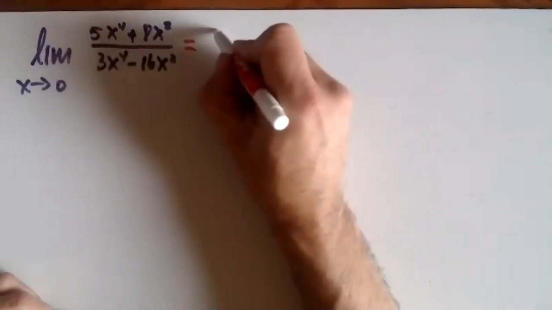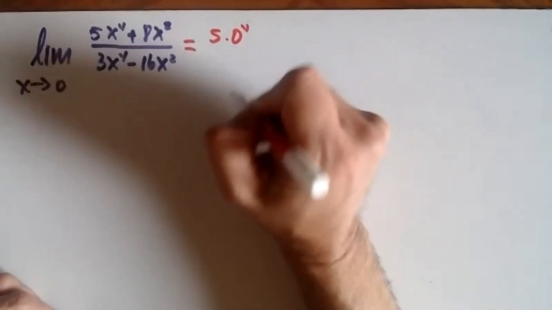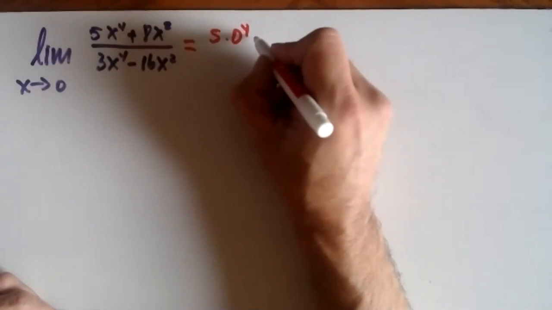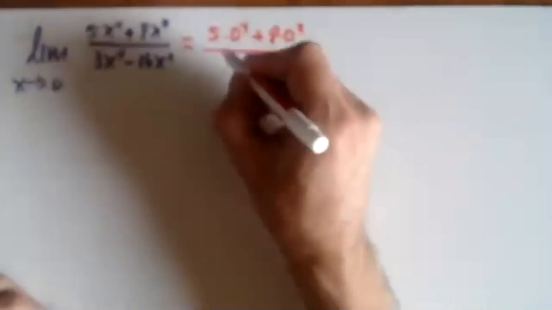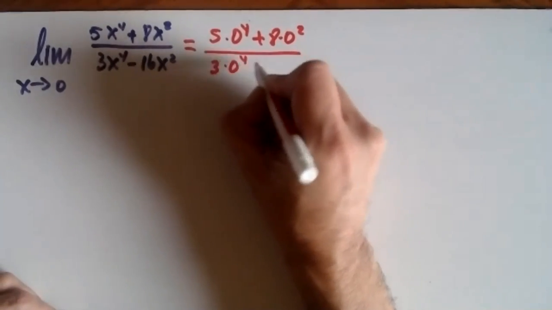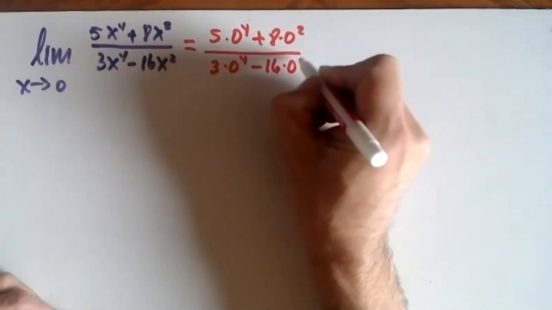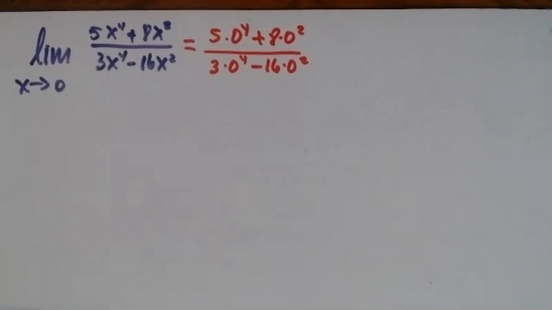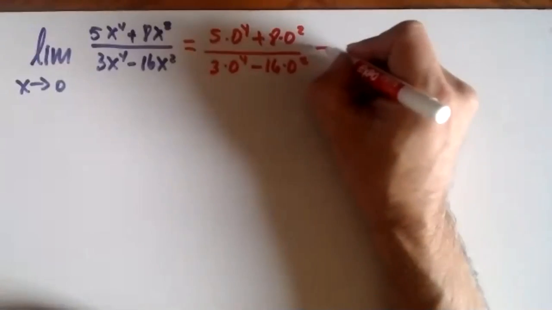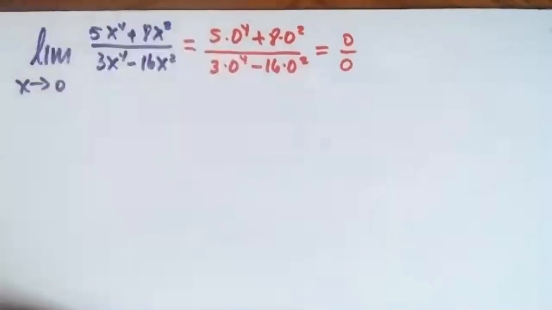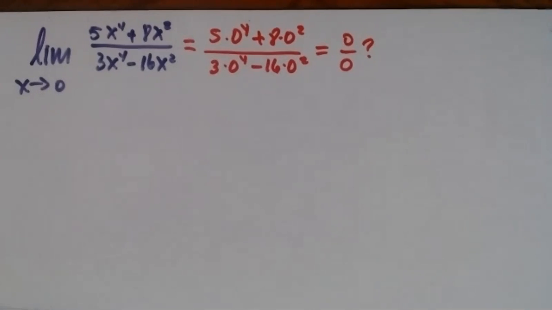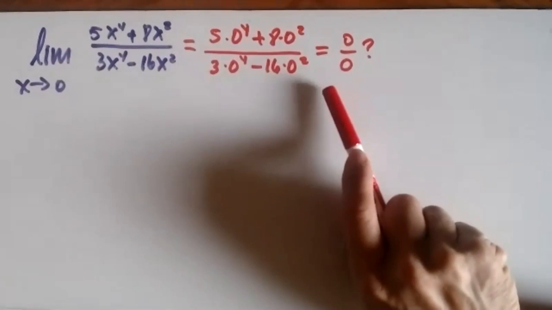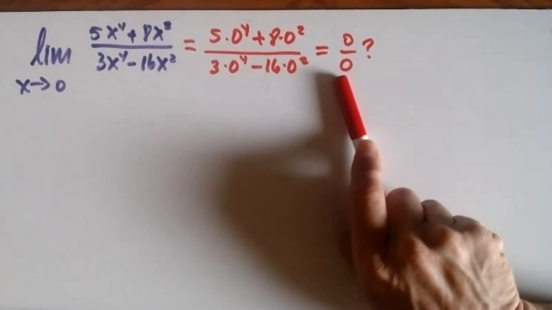Our first step is to evaluate: 0 to the 4 plus 8 times 0 squared over 3 times 0 to the 4 minus 16 times 0 squared. Now, how much is this value? Well, at the top I have a 0, and at the bottom I have a 0. So the function has no value, so the function is undefined.